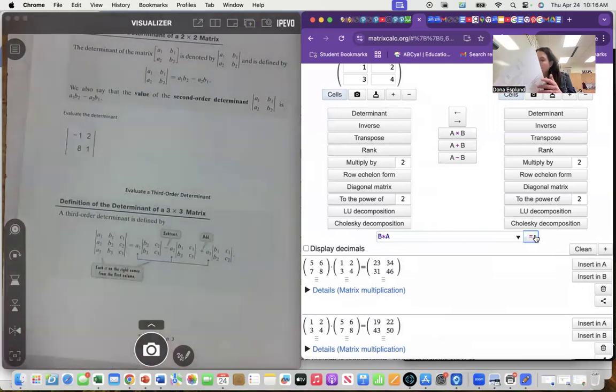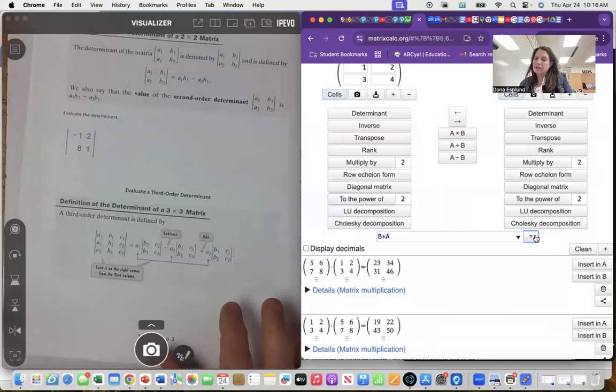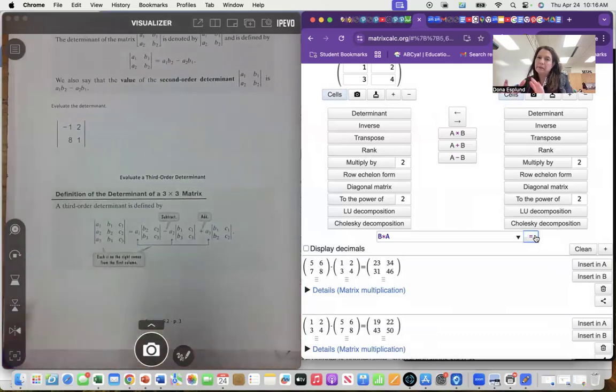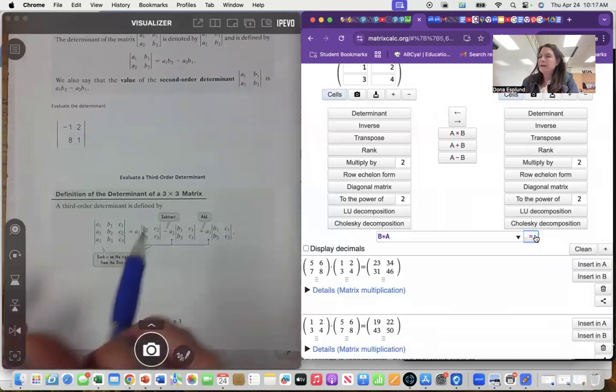Now, when I do what we call the determinant, a determinant is actually used in quite a few places in math. We can actually use it to solve some equations. We can also use determinants within the matrices. So it's a common term that we use.